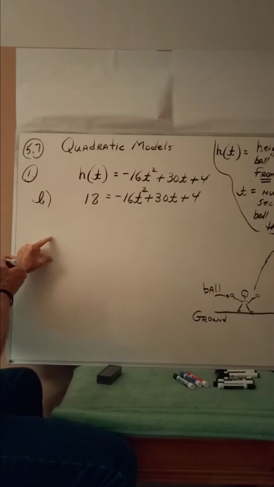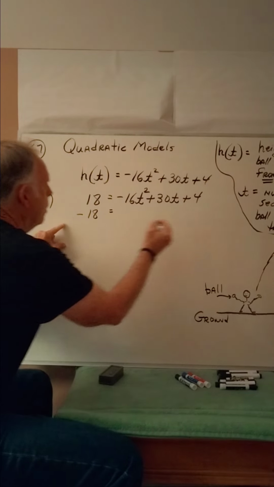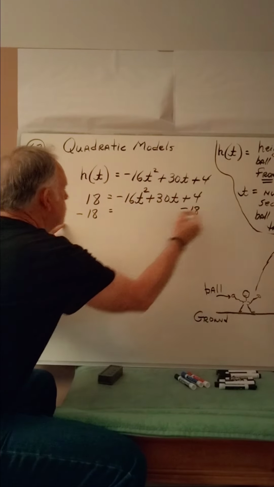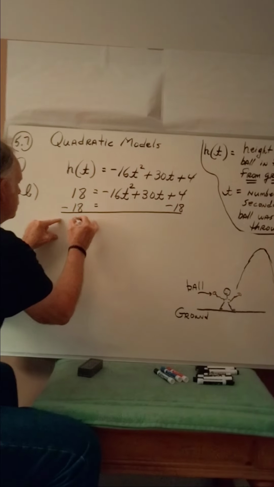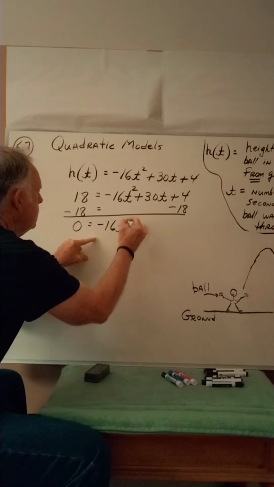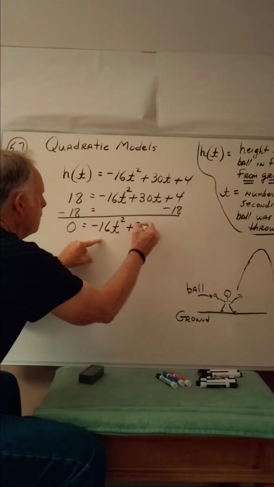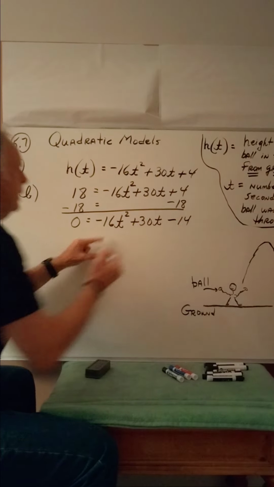It's not going to be a big deal. Negative 18 is equal to a negative 18. And I'll draw the line. And we'll have 0 is equal to a negative 16t squared, positive 30t, minus 14.